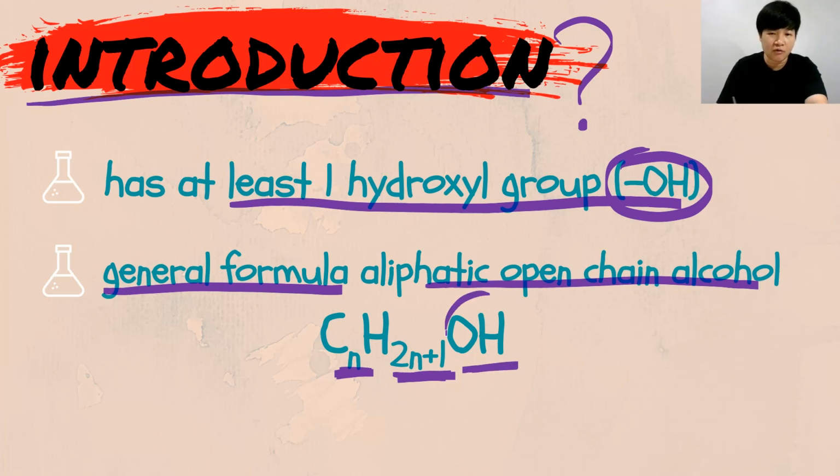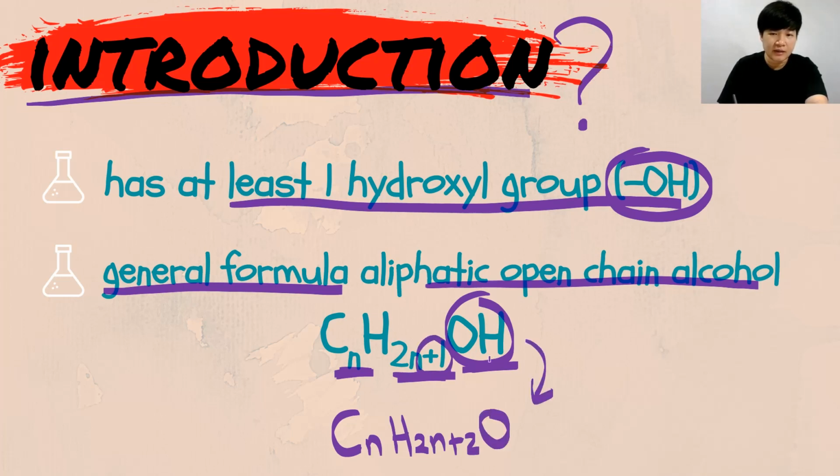So that is the alcohol group that we are looking for. Or we can write it as CnH2n+2O. Both are actually the same. Can you look at it? That is the H that we plus 2 just now. And this is the general formula of an aliphatic alcohol with at least 1 OH group.